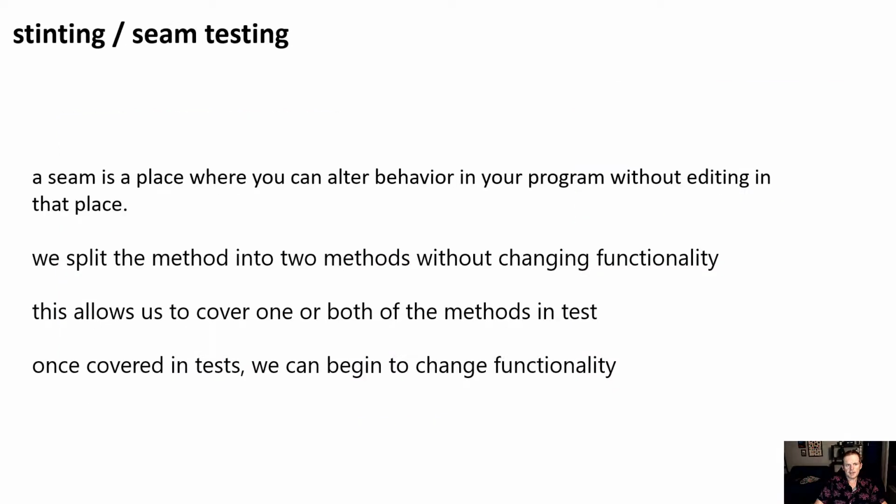One of his techniques he calls seam testing. When you have these bleeding layers together, a seam is a place where you can alter behavior in your program without editing it in that place. I know this sounds ridiculous, but imagine that you have that join between the membership table and the inventory table. And you're like, this thing is too tightly coupled and I don't know what to do here, right?